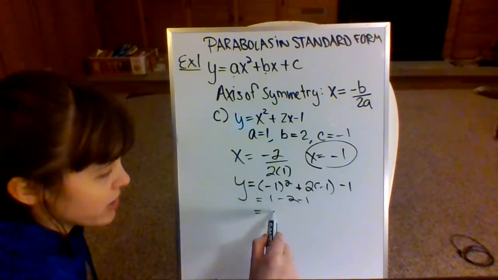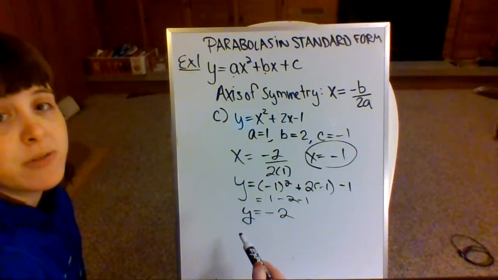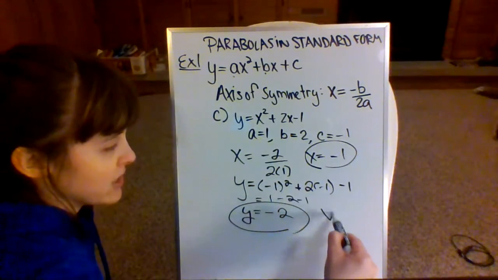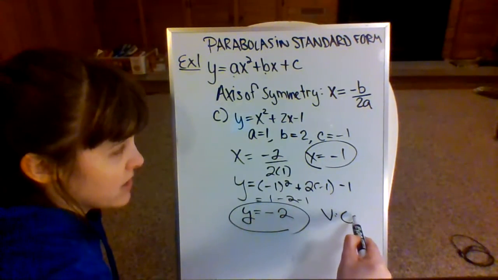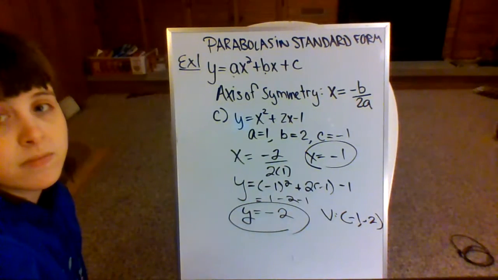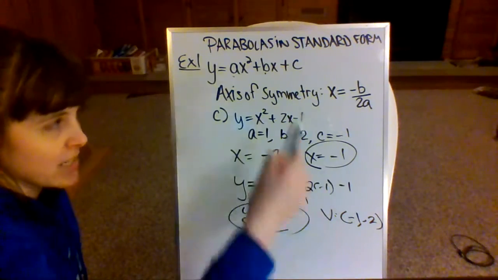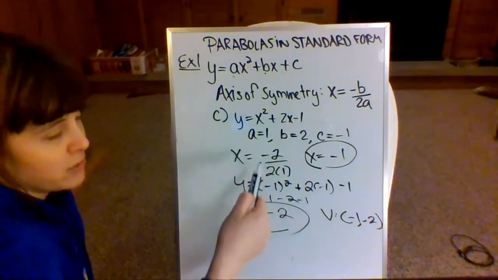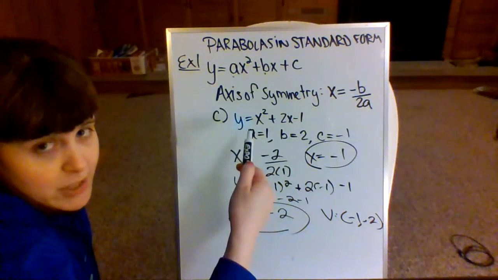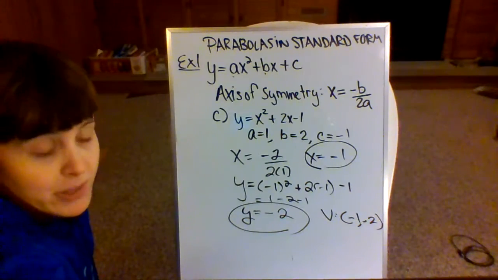Negative 1 minus 1 more is negative 2. So our y value is negative 2. So that means our vertex is negative 1, negative 2. So we've done it. We used the axis of symmetry formula to find the vertex based on the given equation. Okay, so we're going to do one more problem like that.